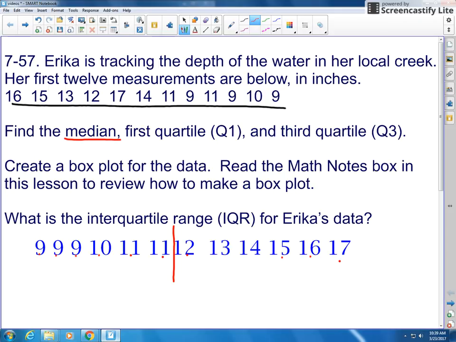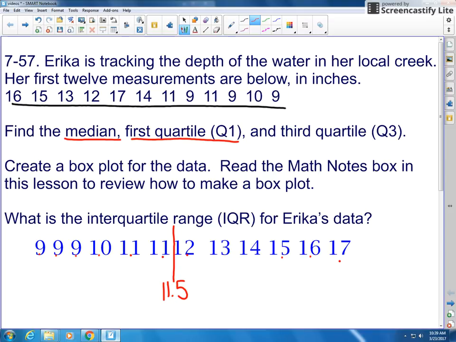That means my median falls between 11 and 12, so my median is going to be 11 and a half, or 11 and 5/10, because that's halfway between 11 and 12.